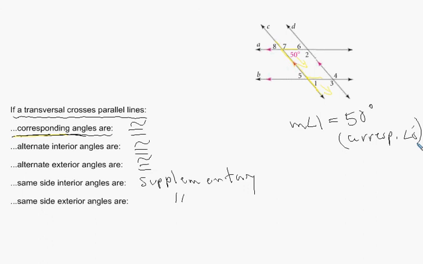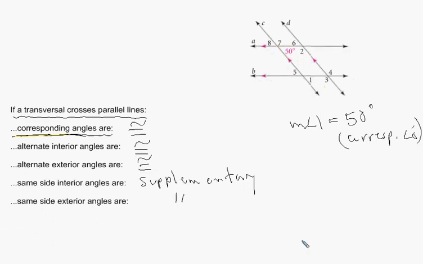Now let's see if I can find the measure of angle 2. I'm going to clean up my drawing a little bit, and you can recopy yours if you need to. Okay, that looks better. We want to find the measure of angle 2. Angle 2 is right here. And again we have this 50-degree angle. You can see that both of these angles are on line A, so that's the transversal, and A crosses lines C and D, which are parallel.